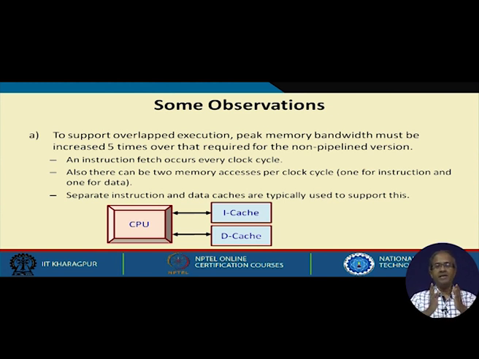Let us look at the memory constraint. Earlier, when you had a non-pipelined version of a MIPS processor, what was there? An instruction was getting executed in 5 steps, let us say 5t time.